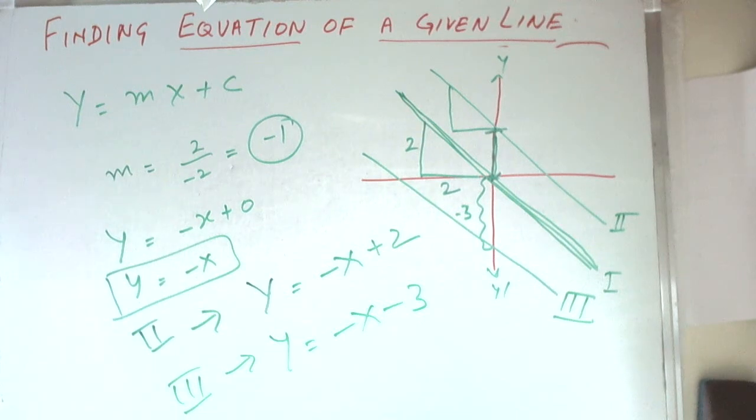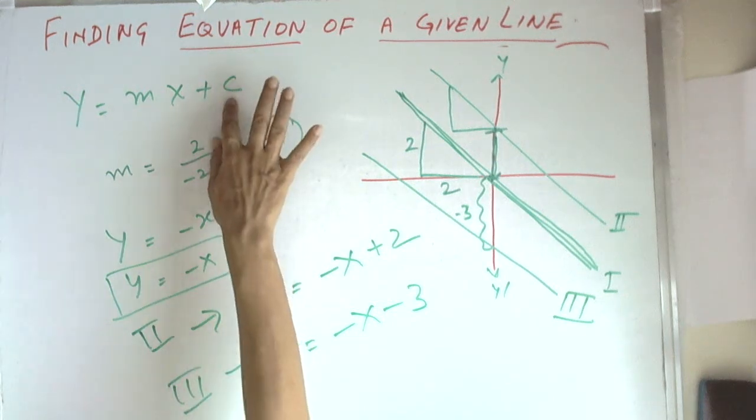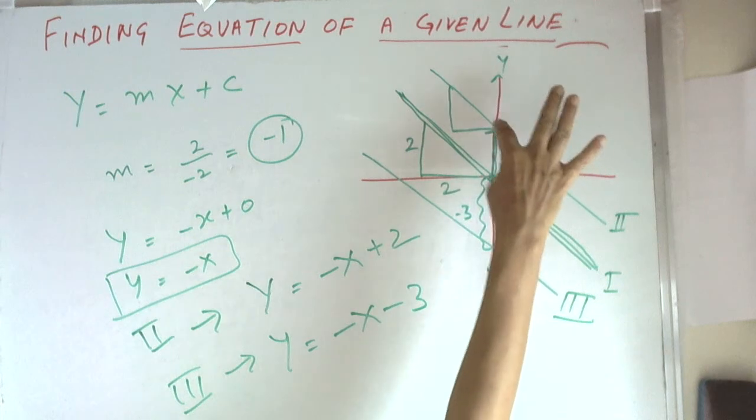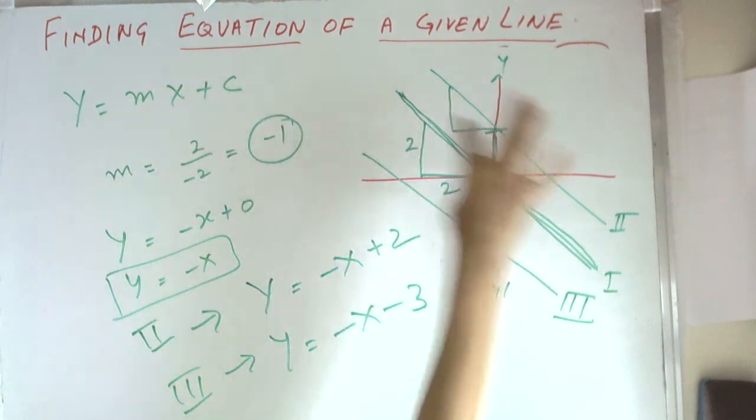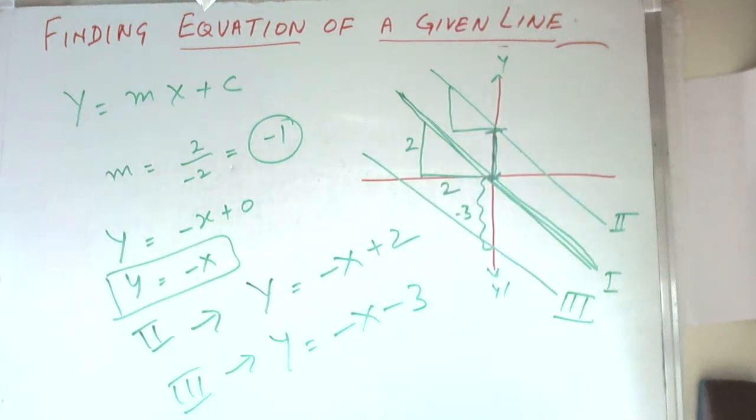So what we have learned is that it is always possible to find the equation if a line is given in graphical form, and we can find that by first determining the constant, that is the intersection the line has on the y-axis. The intersection point gives us the value.